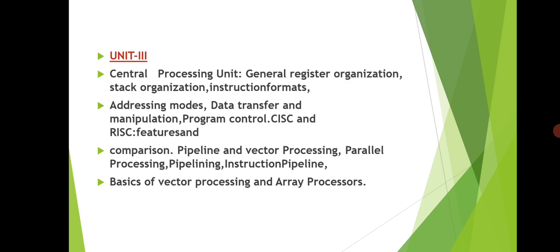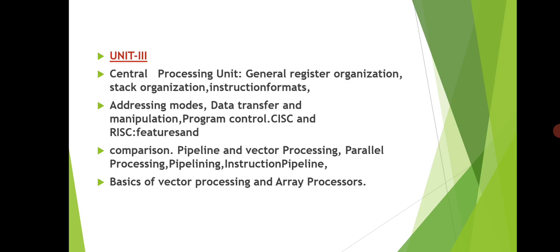Later in this unit, you will study the pipelining concept and vector processing. In pipelining, you will study how we are going to implement the pipelining concept. In vector processing, you have vector processing and array processors, and you are going to study both.